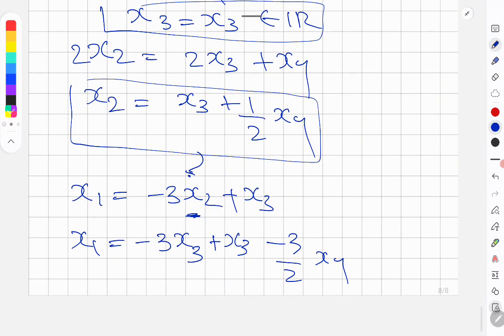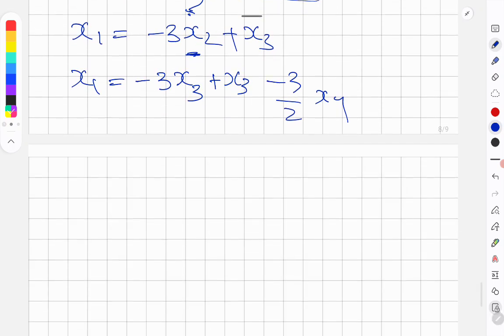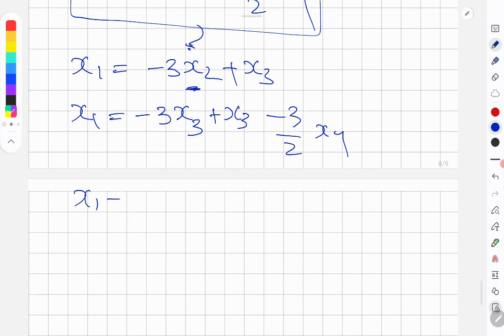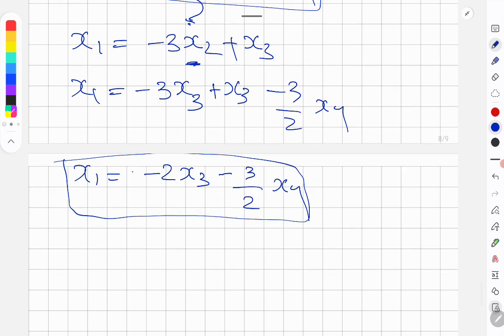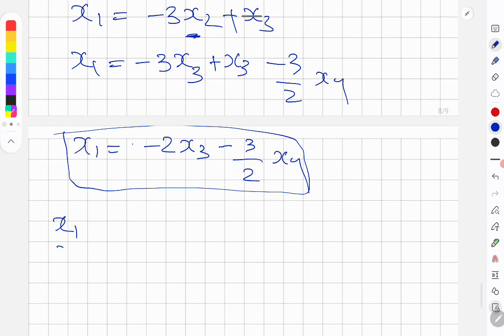Just to get it in simpler form, I got x1 is equal to negative 2 x3 minus 3 by 2 x4. Correct. Then I can write the solution x1, x2, x3, x4.